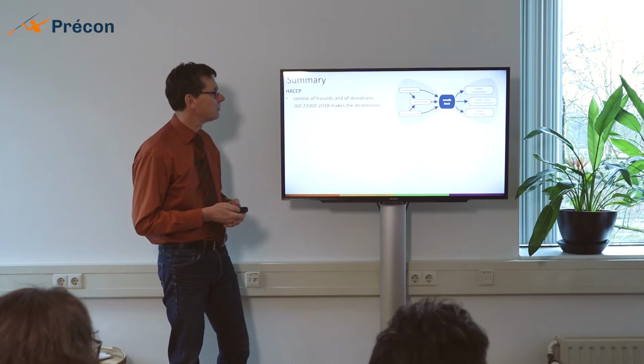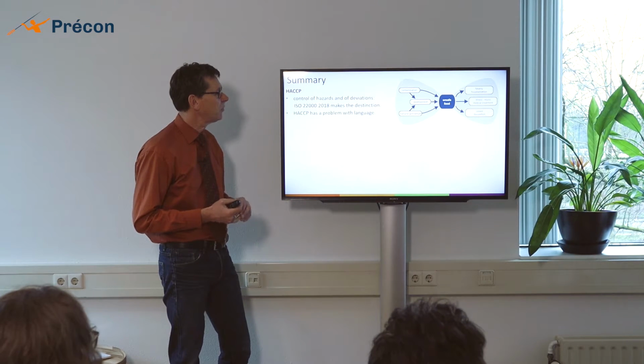We make that distinction. And another thing that we learned about the food safety bow tie and HACCP, that HACCP is very much a language problem. It's not that food business operators do not understand their problems in food safety. It's just that they don't have the words to really talk about it very precisely.